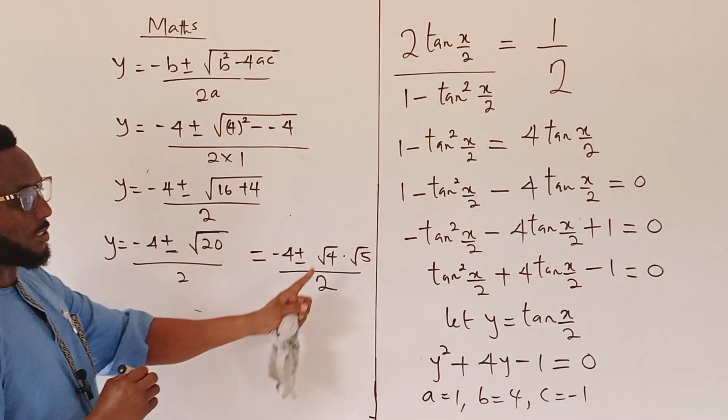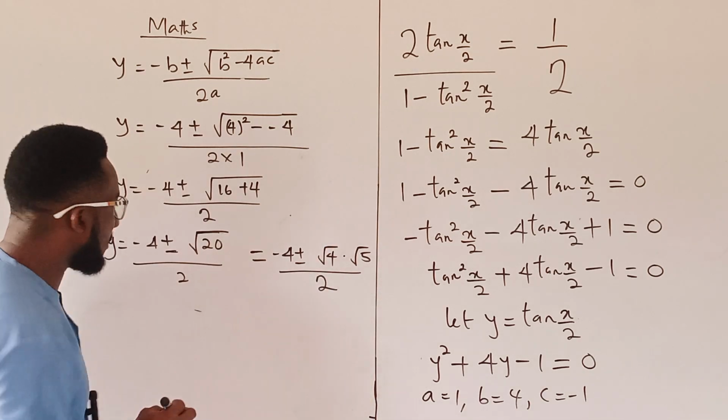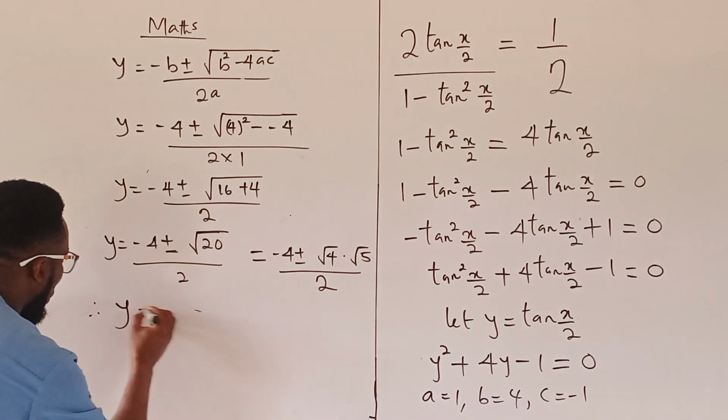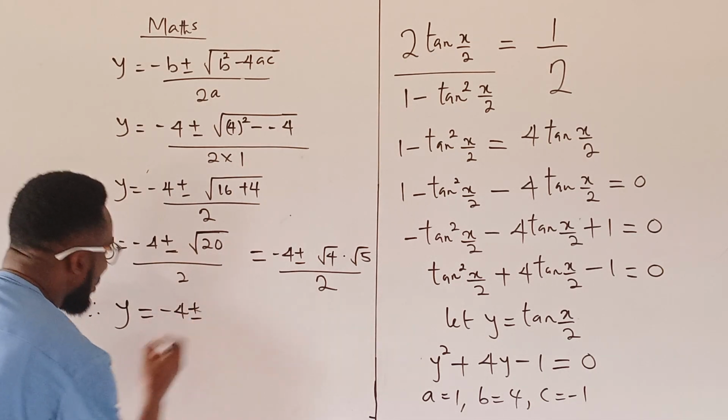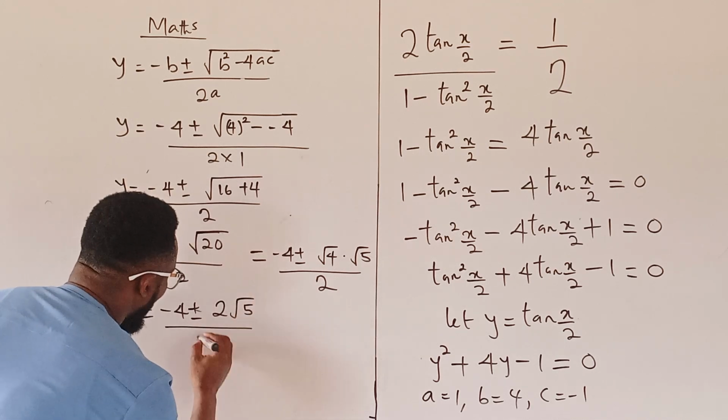And the square root of 4 is 2. The square root of 5 is irrational, that will be rad 5. So therefore, y equal to -4 plus or minus 2 rad 5 upon 2.